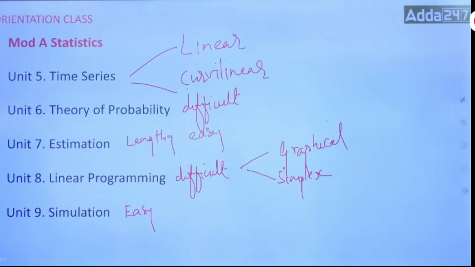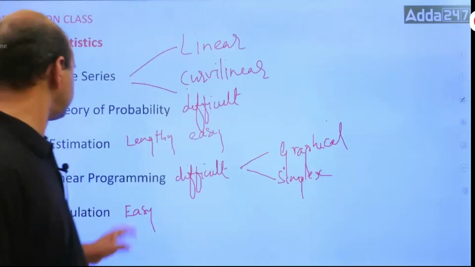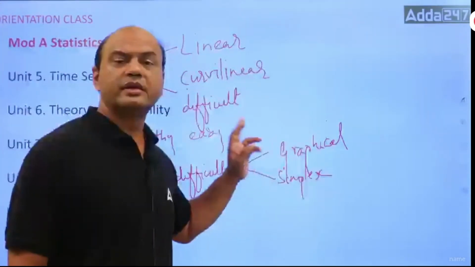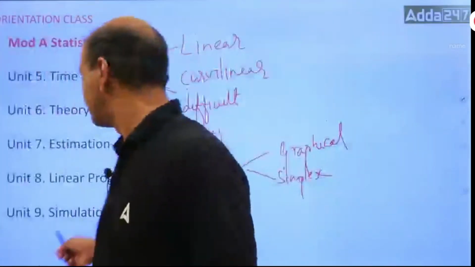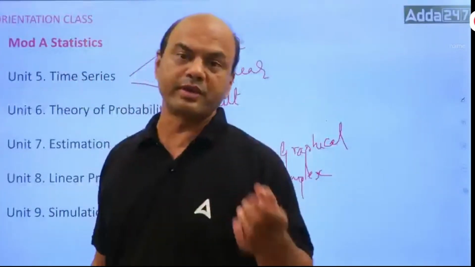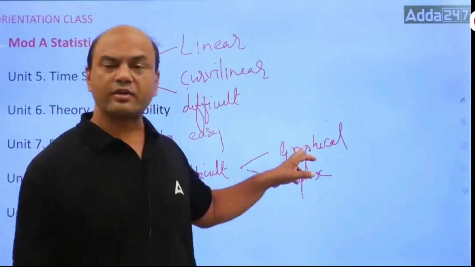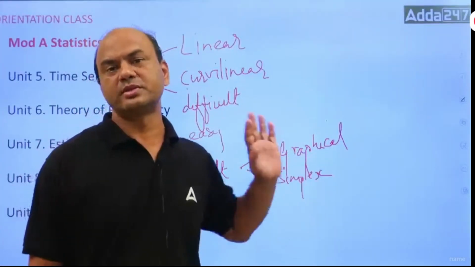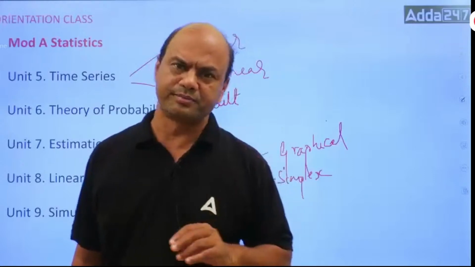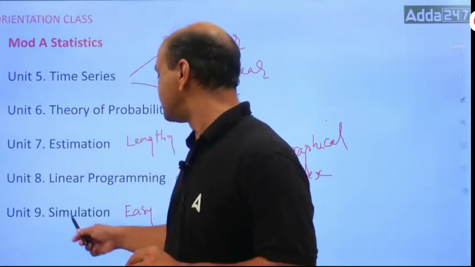Okay. In linear programming, you have graphical and simplex, both methods. You get numericals on graphical, you will never get numericals on simplex. In simplex, you get only theory. Then simulation.